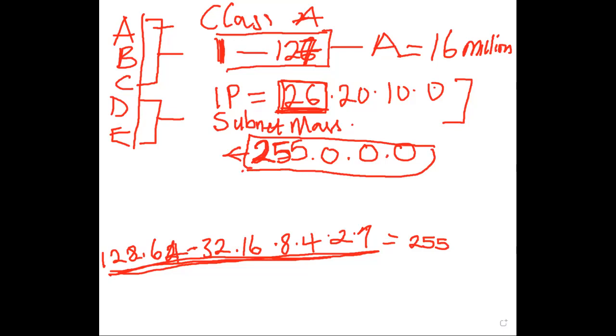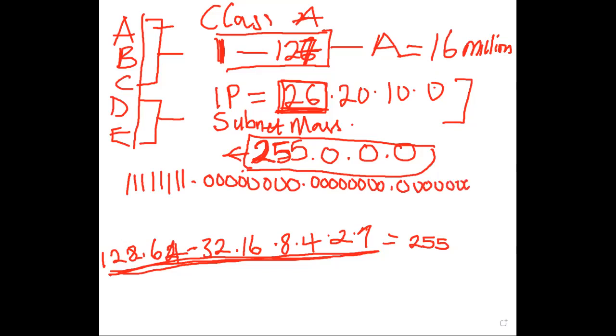So in the binary form for this subnet, we are going to have 1, 2, 3, 4, 5, 6, 7, 8 dot 1, 2, 3, 4, 5, 6, 7, 8 dot 1, 2, 3, 4, 5, 6, 7, 8.